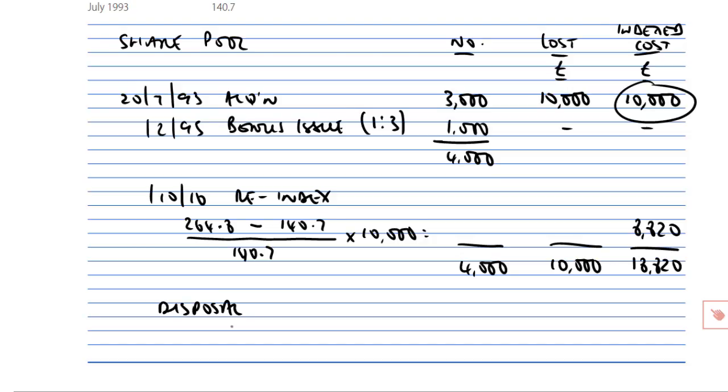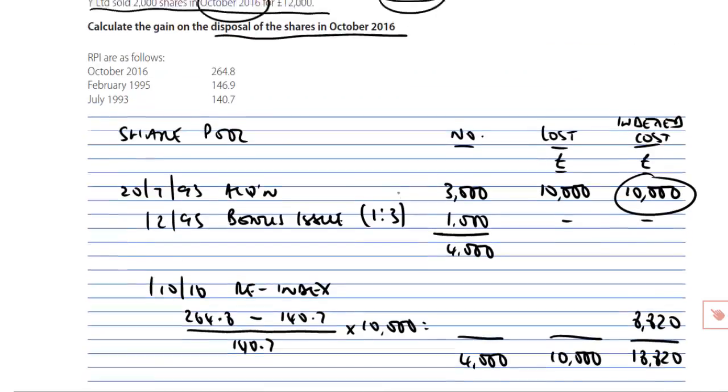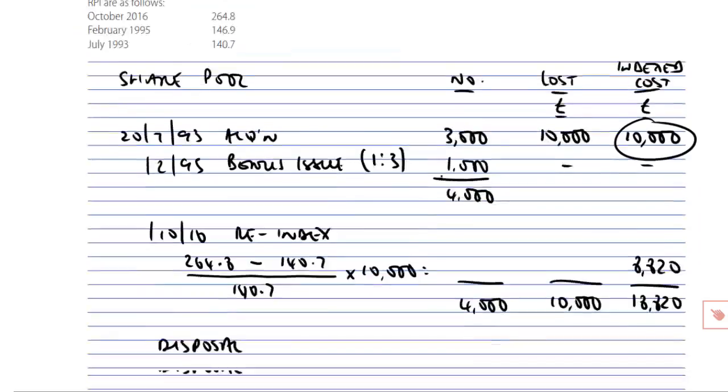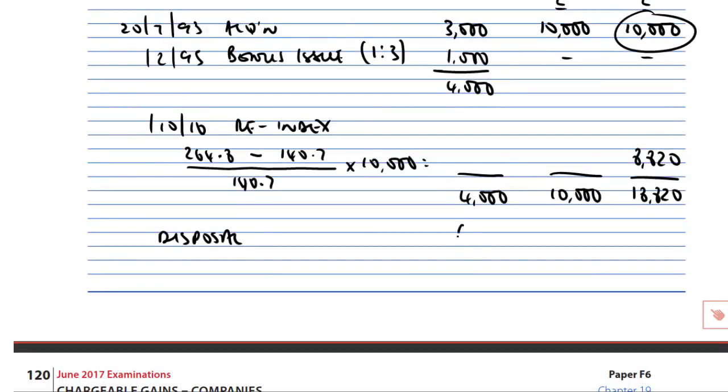How many shares are being sold out of this pool? What was the disposal there? We sold 2,000 shares. So, of the 4,000 shares, 2,000 shares are sold. We're selling 2 out of 4, so obviously this is a half of both the cost figure, 10,000, and the index cost figure of £18,820.